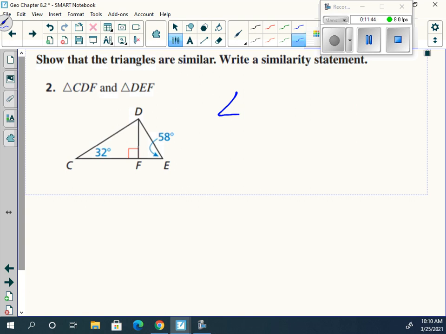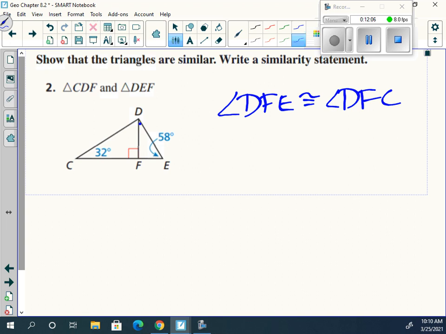So DFE is congruent to BFC. It's almost like we trace out the angle with those 3 letters. And the vertex, the point at that angle, is always in the middle.